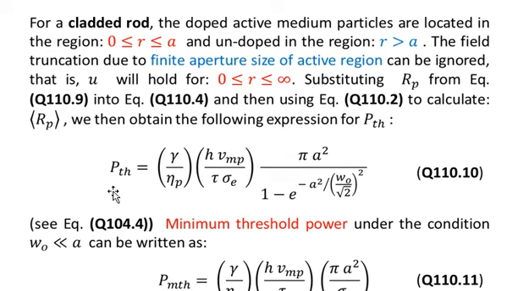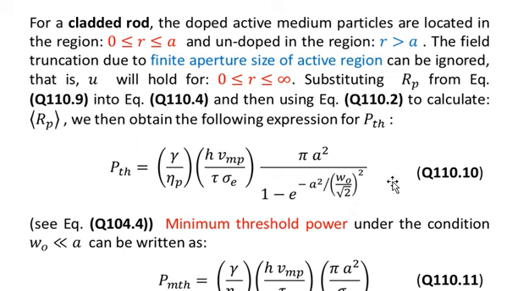So the threshold pumping power is equal to gamma over eta P multiplied by the term h nu mp divided by tau sigma E, multiplied by the term pi A squared over 1 minus e to the power minus A squared over the square of w naught over the square root of 2.